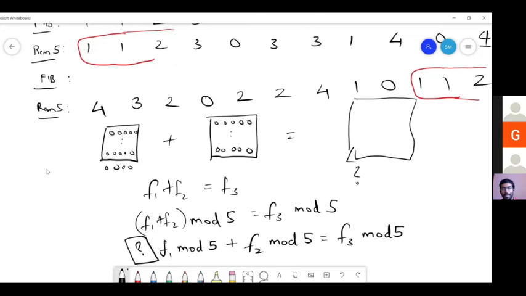Fine, this is an example. If you are convinced about it, that is fine. So F1 plus F2, the whole mod 5, is the same as F1 mod 5 plus F2 mod 5. Not convinced? We need to look out for some more examples. Then we can decide.